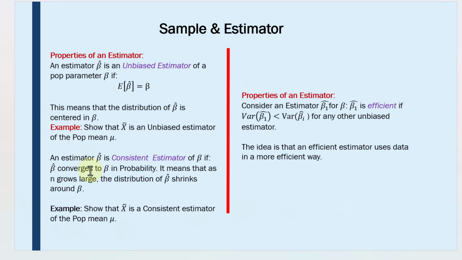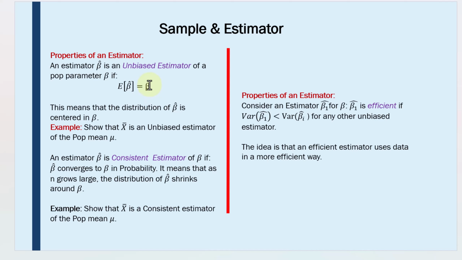When we are talking about estimators, there are a couple of properties that are important for us. The first property is unbiasedness. We say that an estimator beta hat is an unbiased estimator of the population parameter beta if the expected value of beta hat is equal to beta.